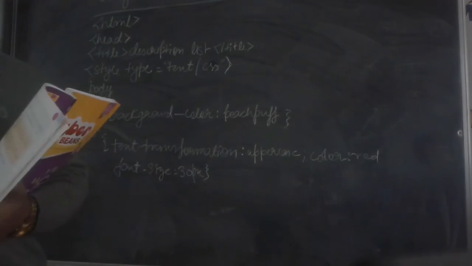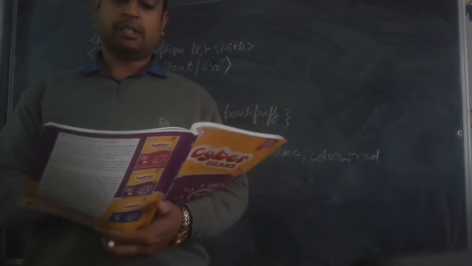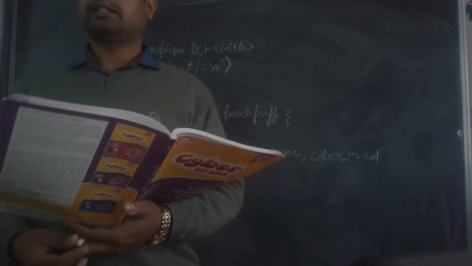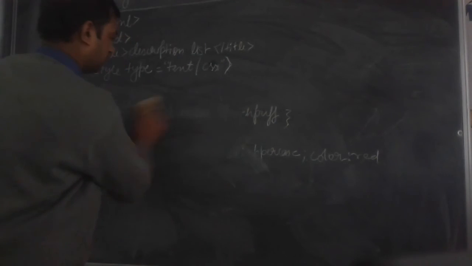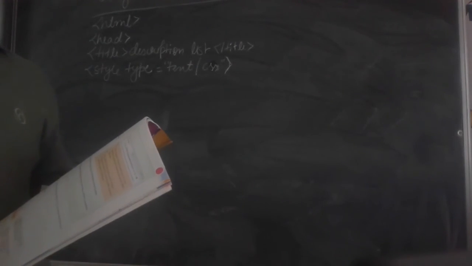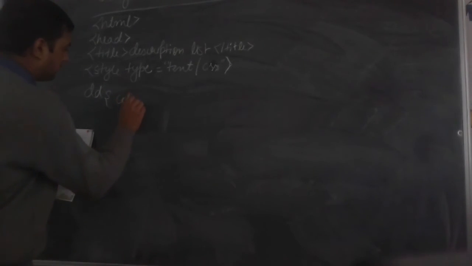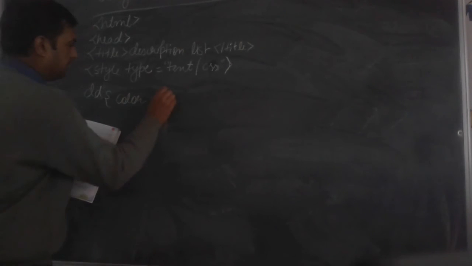Then after we can give the values as I am showing you. dd, when we are using for the format dd, and then in curly bracket I am using color green.